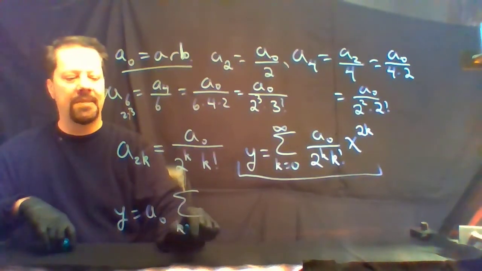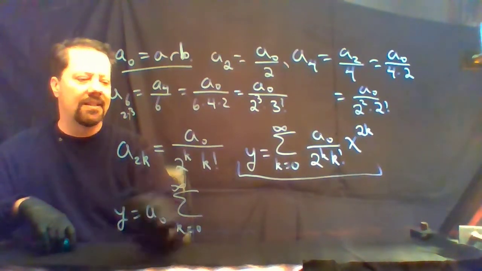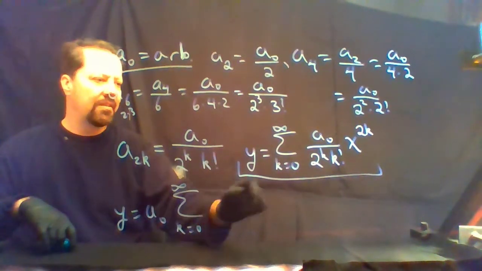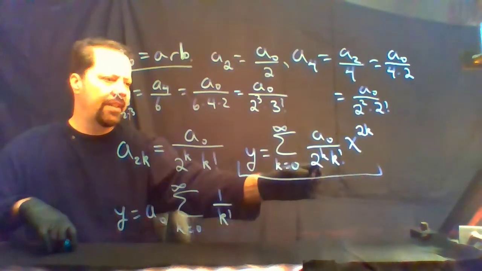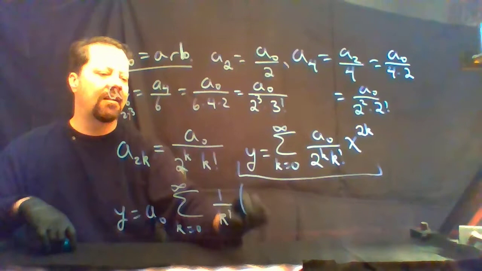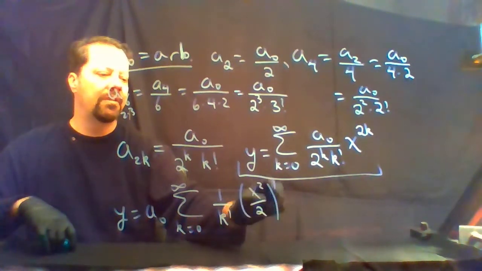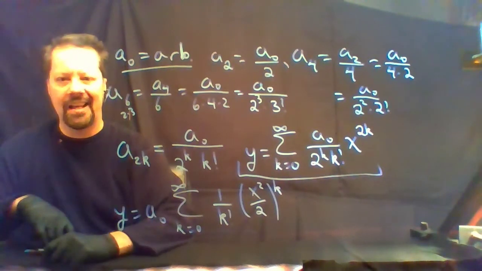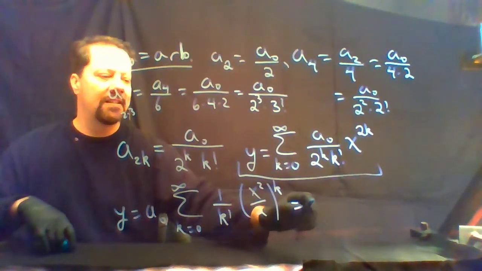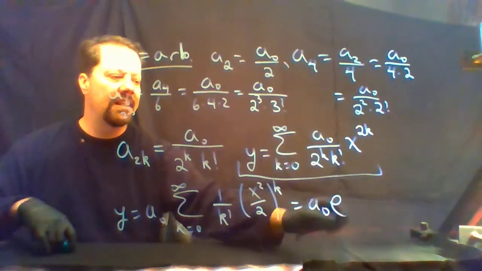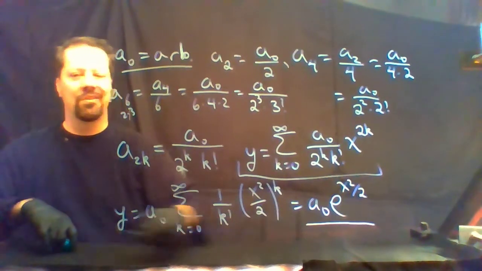We'll have a sum as k goes from 0 to infinity. One way to see what this is is to note that you have this 1 over k factorial. Everything else is going to be to the power k. I'll have x squared over 2 to the power k. You might be able to see then that this is a naught e to the power of x squared over 2.